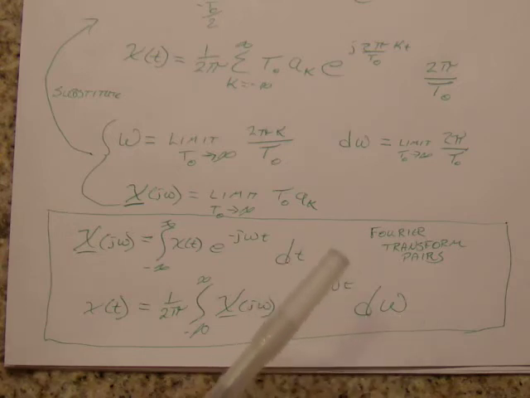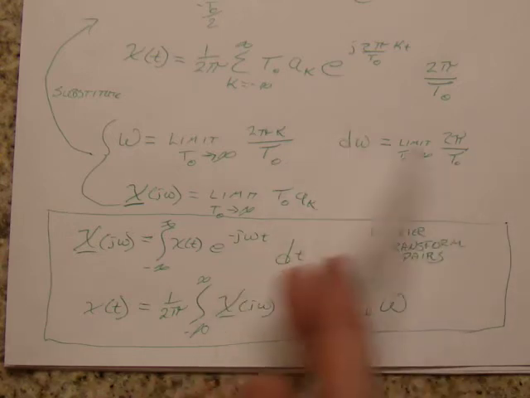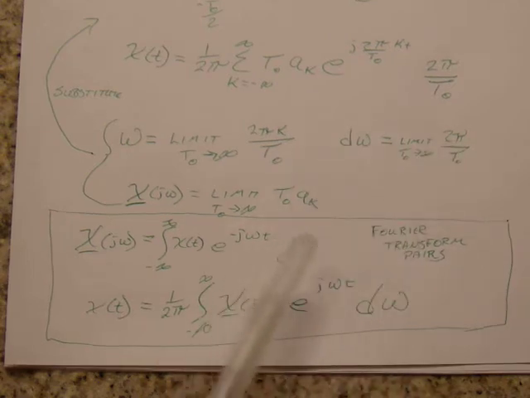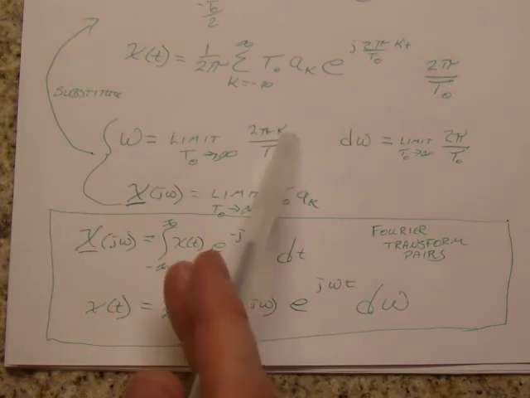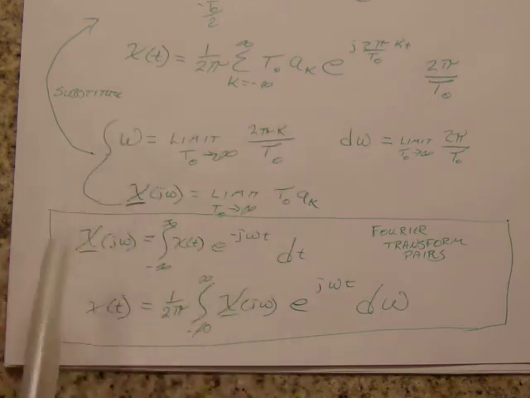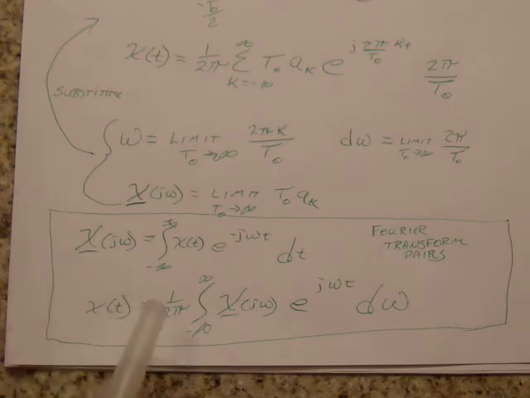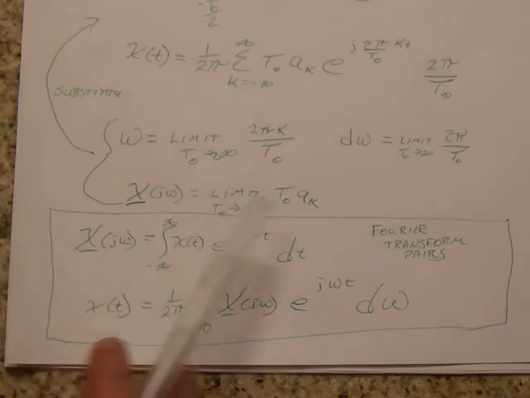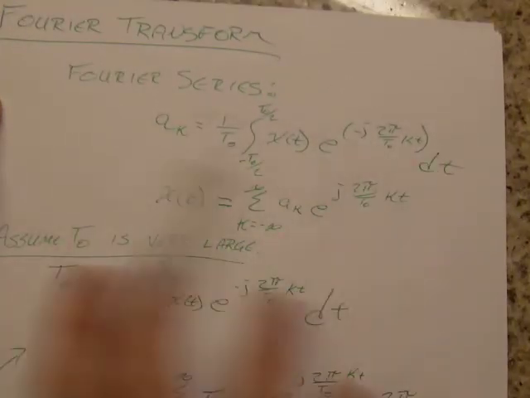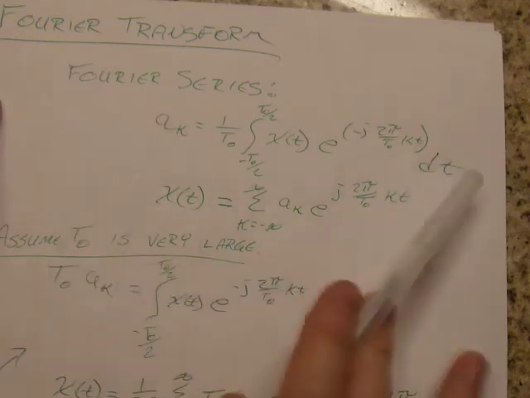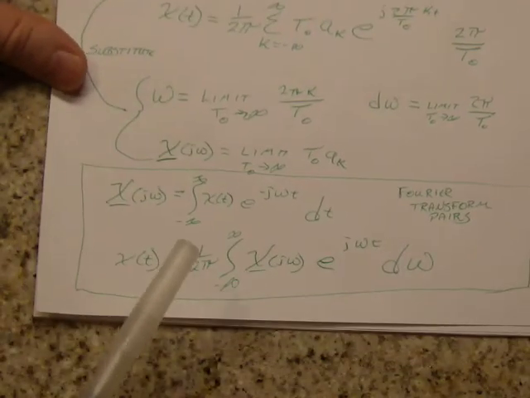And so when we move those down to the delta omega, now the k term turns into a continuous omega term. So the same theory that we were using for the Fourier series, where we were finding the values of the harmonics that resulted from this integral, we now apply that to find the Fourier transform.